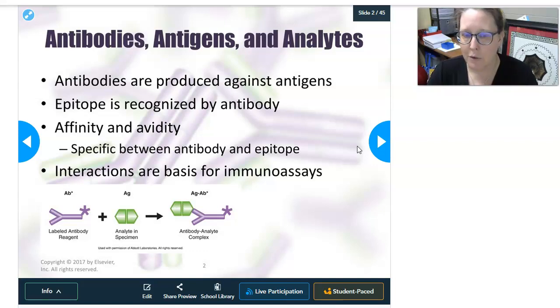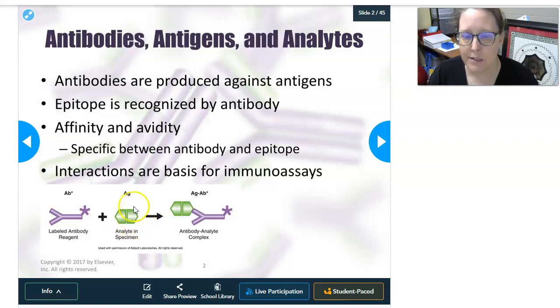And then in immunoassays, what you have to know is that sometimes, like in this example, the antibody will be part of the assay, the reagent. So for example, there's an antibody that's labeled here with something that can be detected. The antigen is what we're looking for as an analyte in a specimen. So it could be a hormone, it could be a drug level or something like that, or another protein.